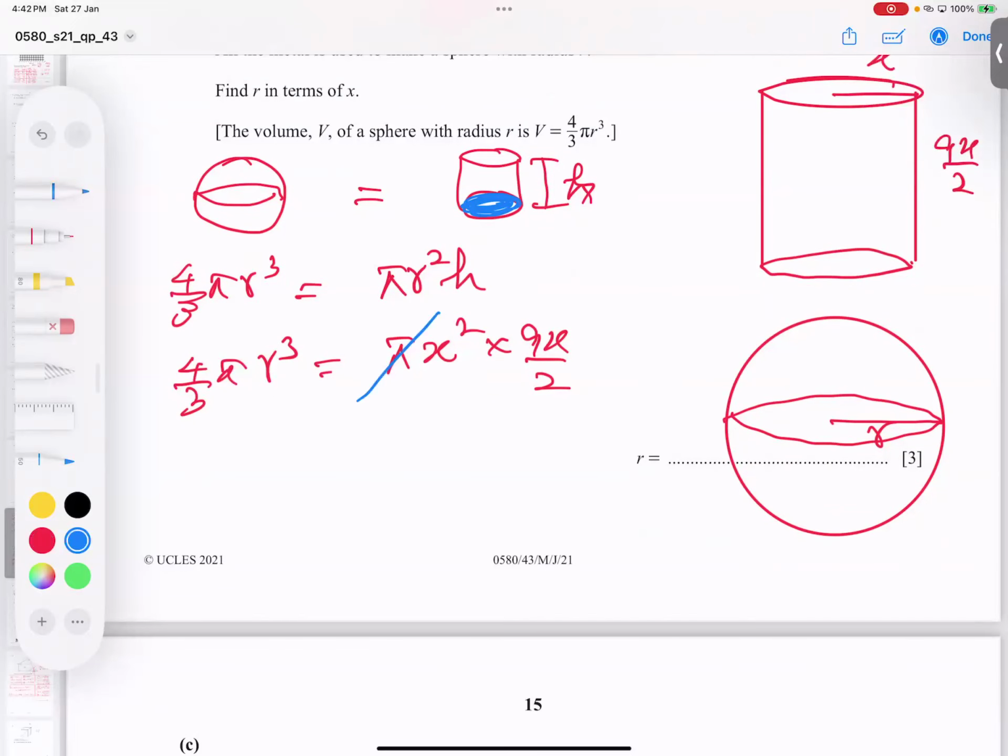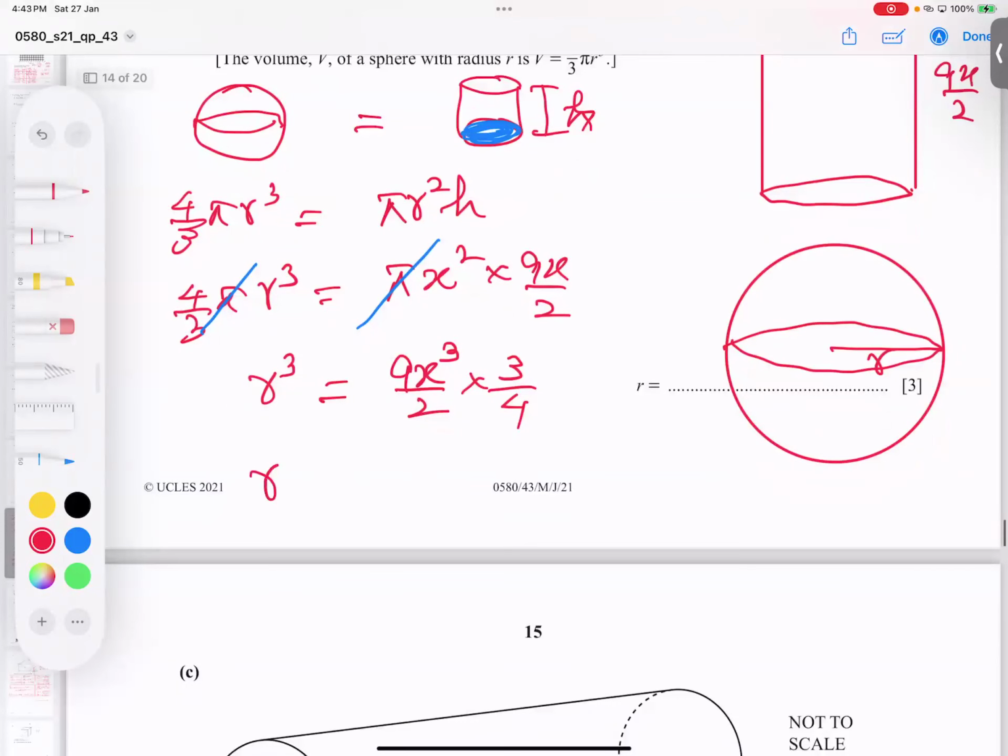Why waste my time, why not cancel directly like that? Now this 3 is dividing, it will multiply on the top, and 4 is multiplying, it will divide r cube. I repeat my words. x times x square will give us 9x cube by 2. For your knowledge, this 3 is down, will go up like this. This 4 is multiplying, will go down like this.